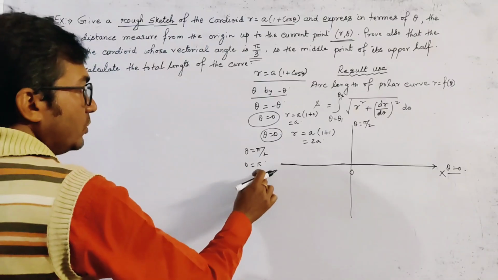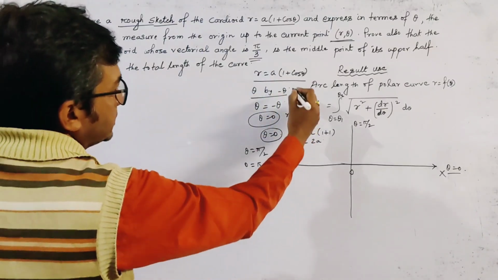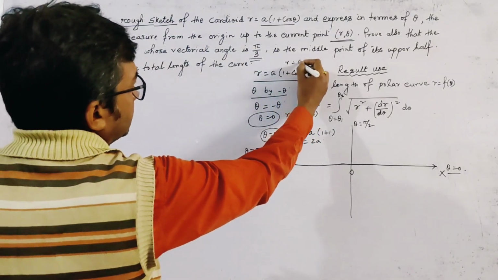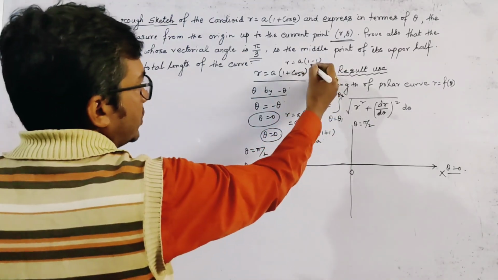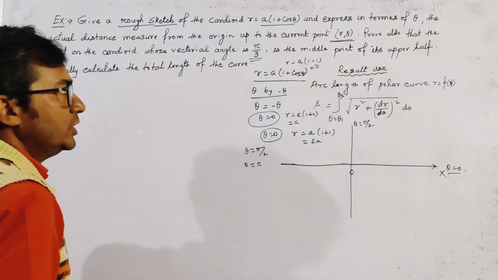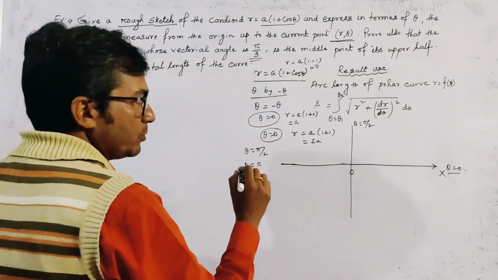And if we put theta equal to pi, r equals a into 1 minus 1, because cos pi equals minus 1, so this is 0. So we get three important points.